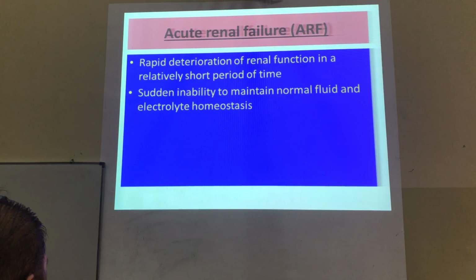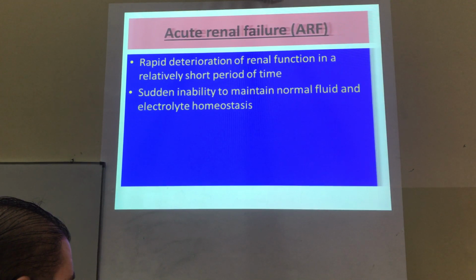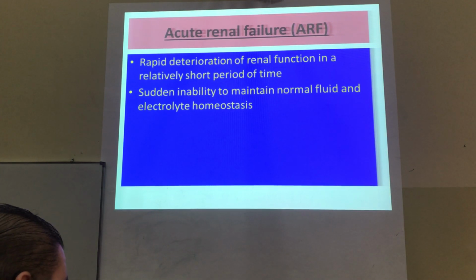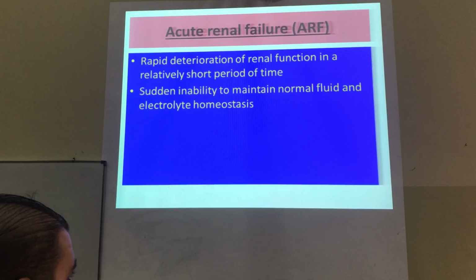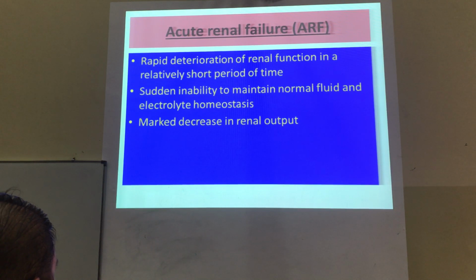It is a sudden inability to maintain normal fluid and electrolyte homeostasis. So suddenly a person's ability to maintain normal solutes and normal toxins, the homeostasis, is lost. The electrolytes are not able to be adjusted by our kidney. That's something which is happening after acute renal failure.